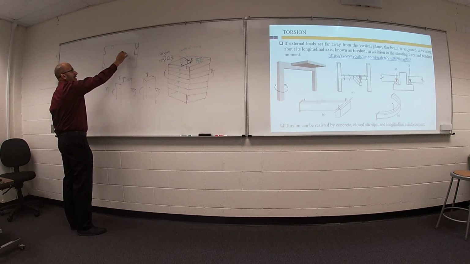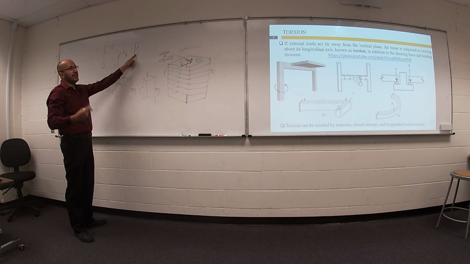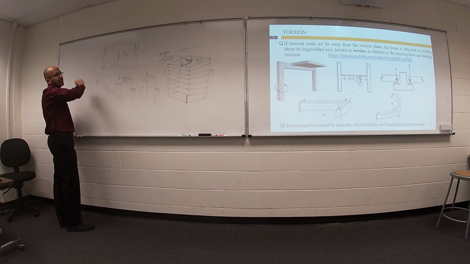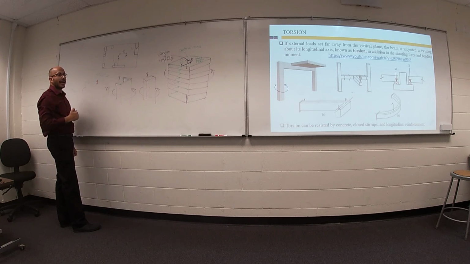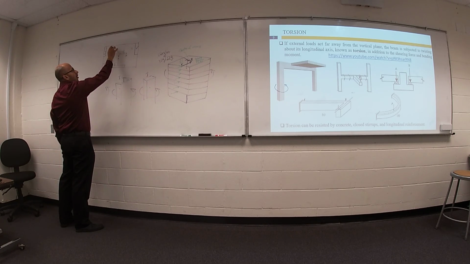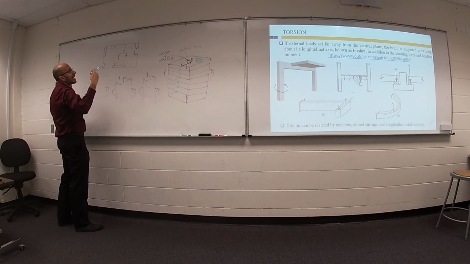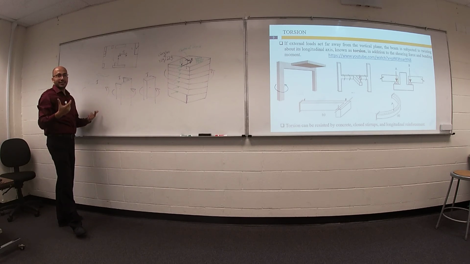So we have eccentricity, and force times eccentricity can make torsion. So if you decide to put very strong column on one side of your building, please put another strong column on the other side. Not the same, but make it equivalent, to maintain your center of rigidity coinciding with the center of mass at the middle.